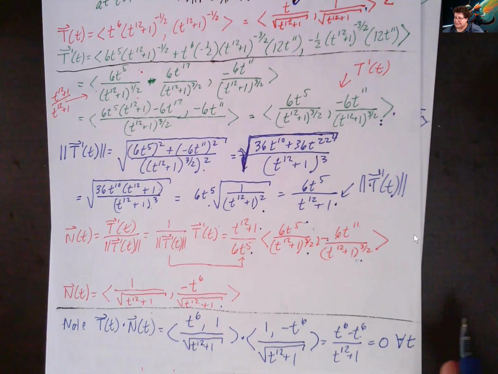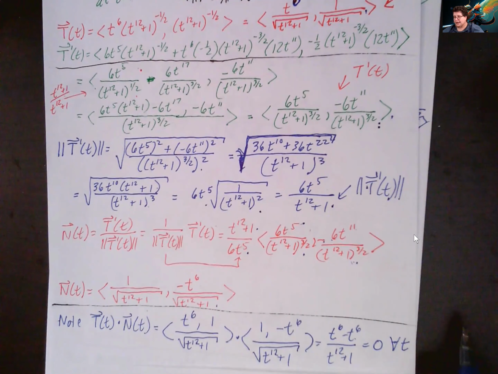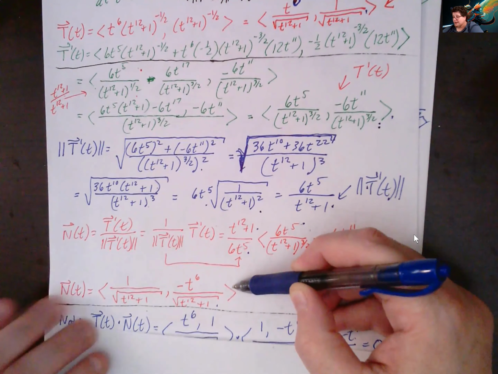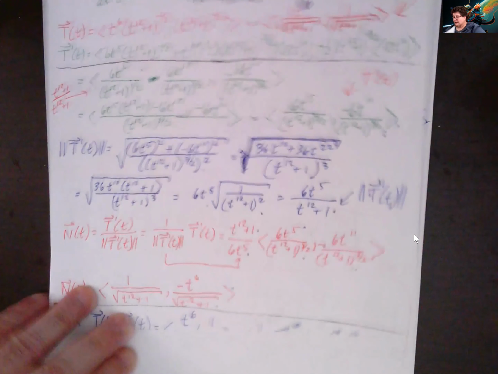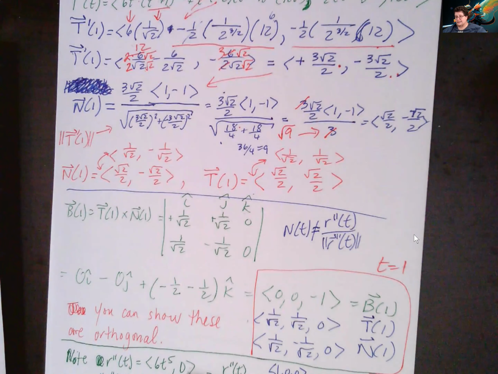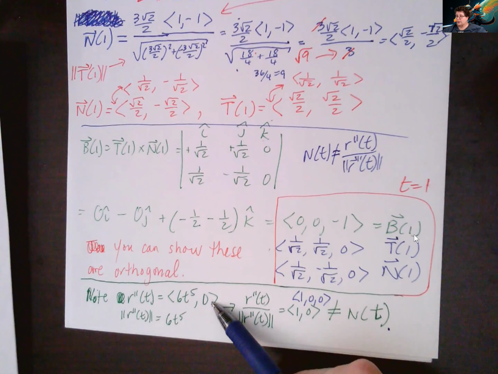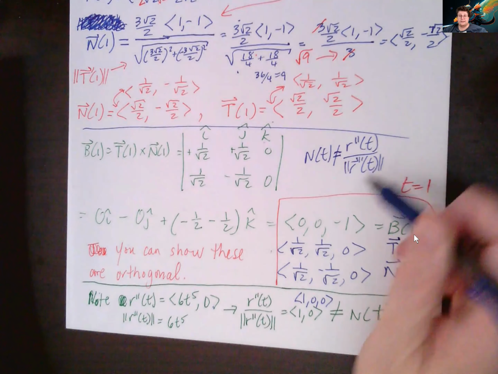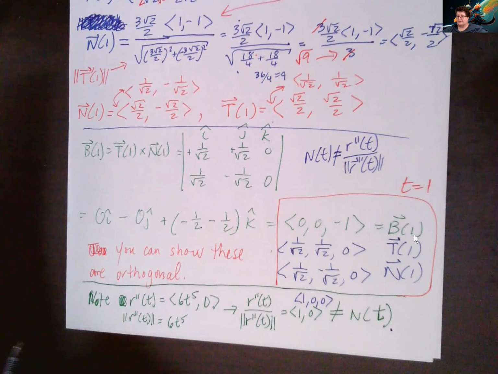This is 0 for all t. I did not do the binomial vector, but notice my n of t here does not match the 6t to the 5th that we have right here. So r double prime divided by its magnitude does not equal n for all t.